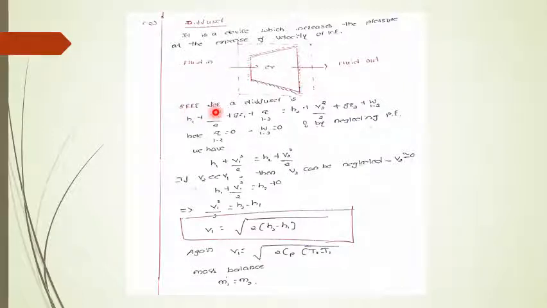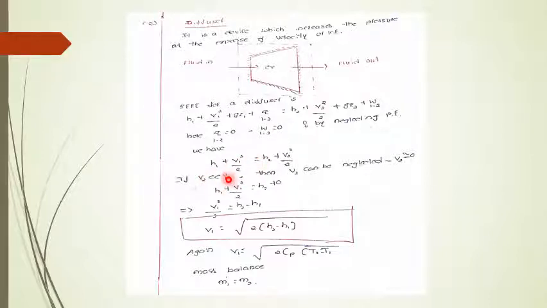So let us apply the steady flow energy equation for the diffuser. This is the general steady flow equation we have. Here also, heat transfer and work transfer between system and surrounding are 0, so we can neglect potential energy as well as work transfer and heat transfer. Then the equation turns into h1 plus v1 square by 2 equals h2 plus v2 square by 2.